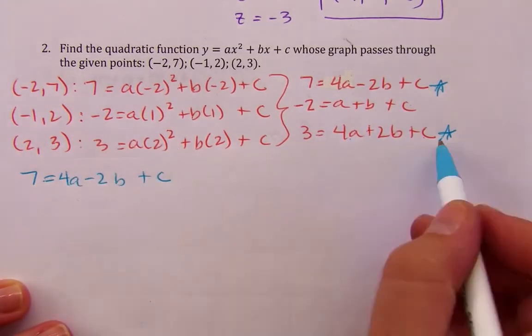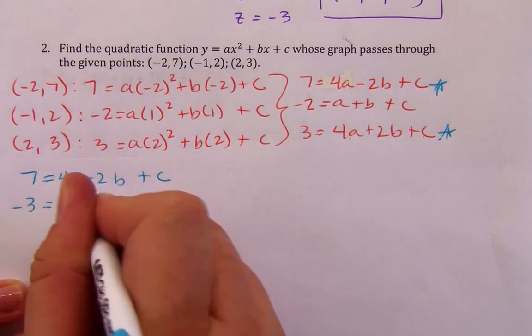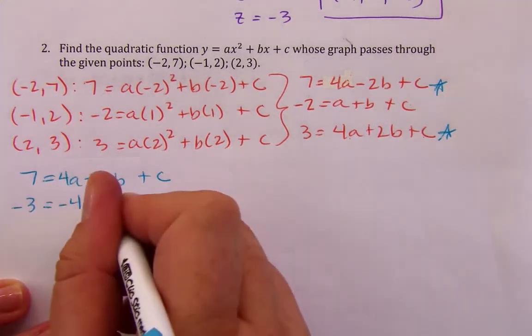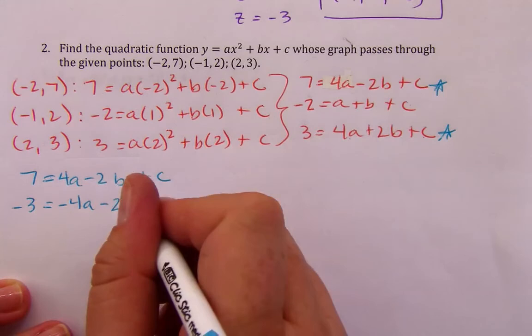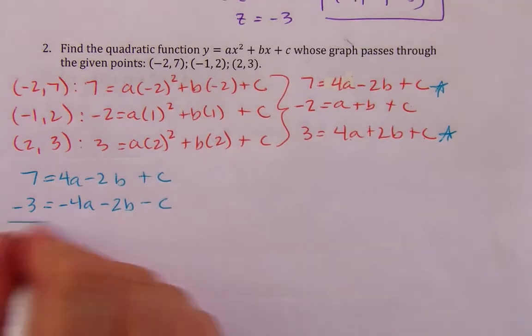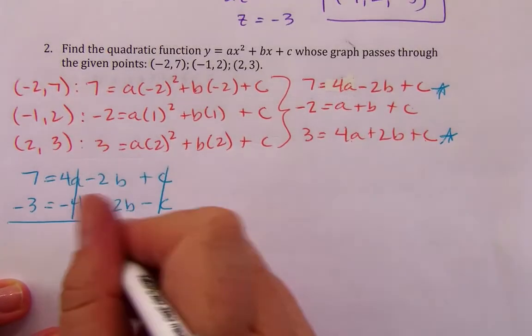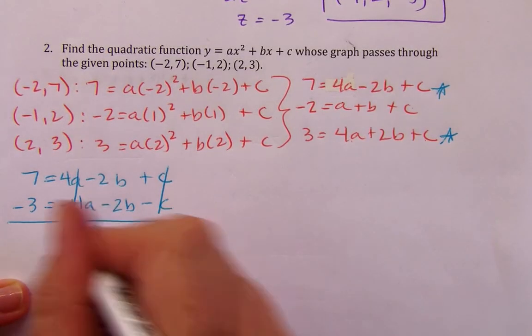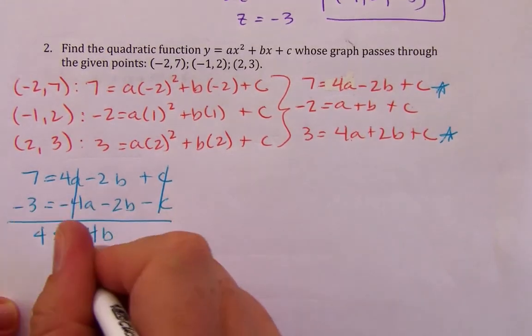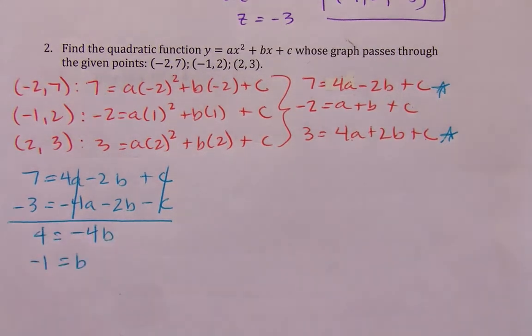And then multiplying the other equation by -1, I get -3 equals -4a minus 2b minus c. Okay. And when I add these together, my c's cancel, and actually my a's cancel as well. So I have -4b is equal to 4. So actually I have b is equal to -1.